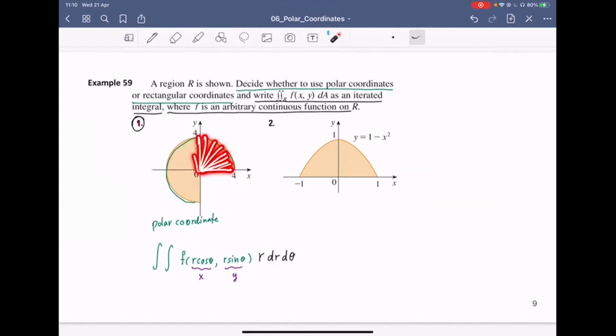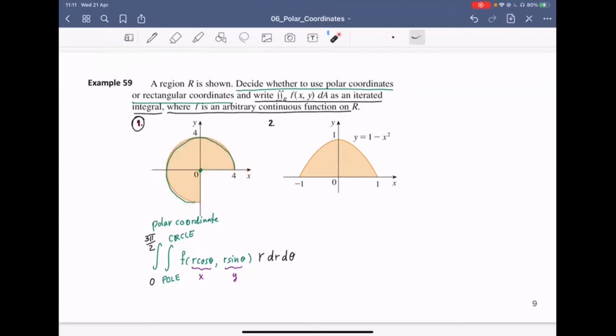Pole hit circle, pole hit circle. So actually you start from the pole, and then you hit the circle, right? And then your theta is going to be from 0 to 3 pi over 2, because you start from theta equal to 0 here to theta equal to 3 pi over 2.